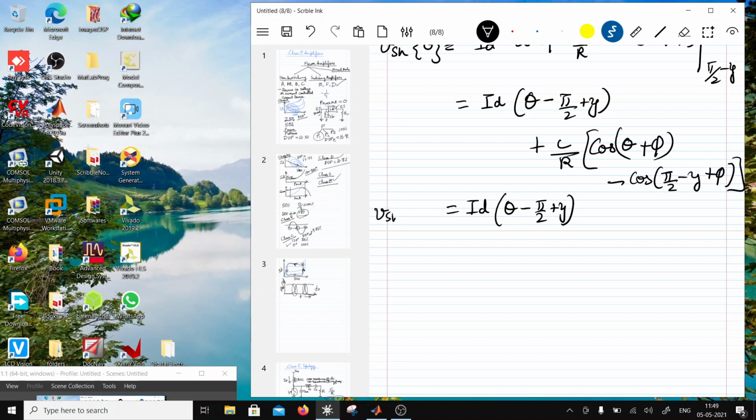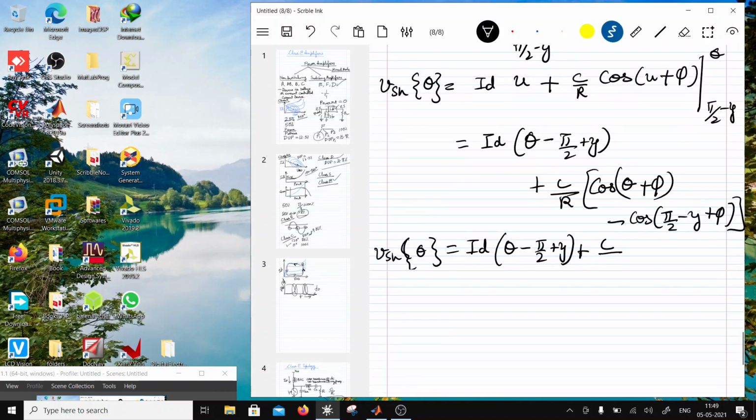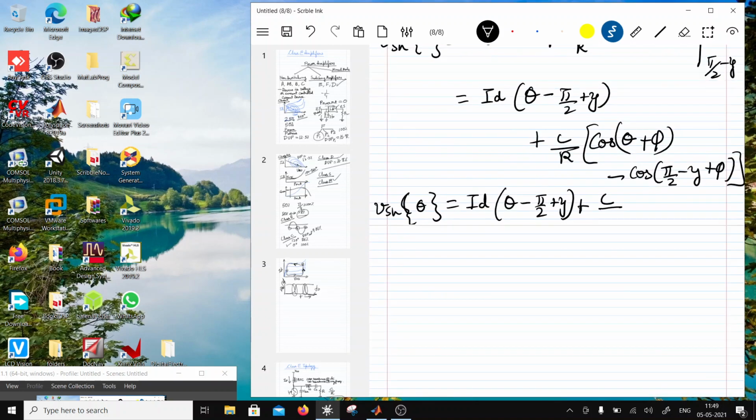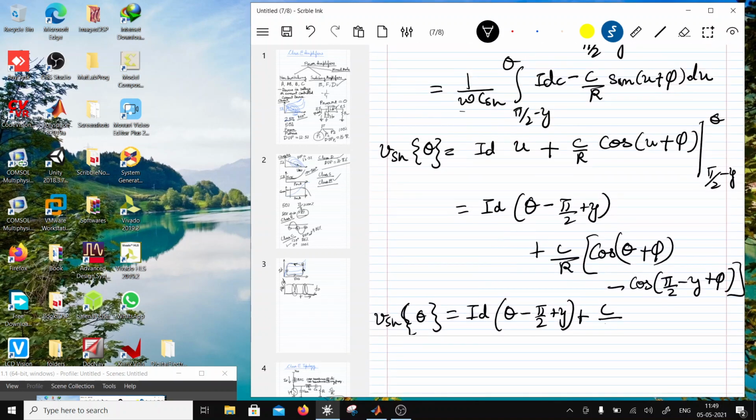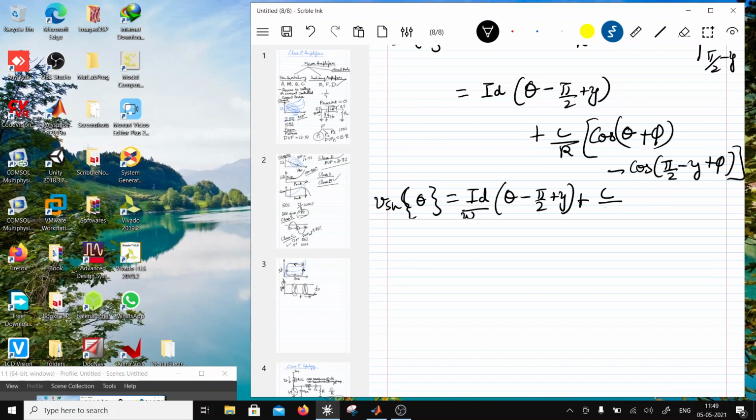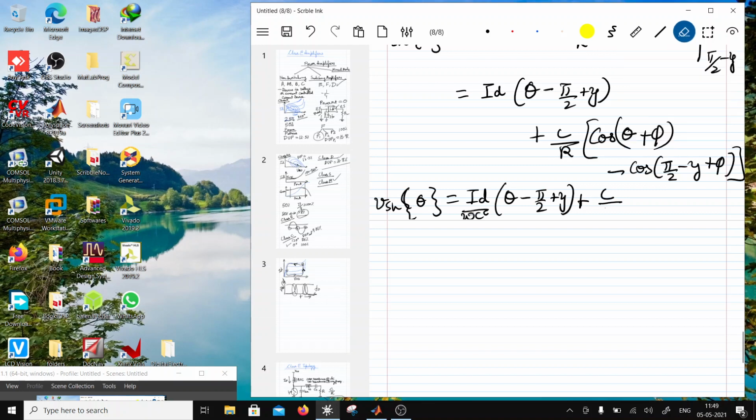So this is going to be VSH as a function of theta plus C by r. Okay, we are forgetting this omega CSH, so it will be omega CSH here.